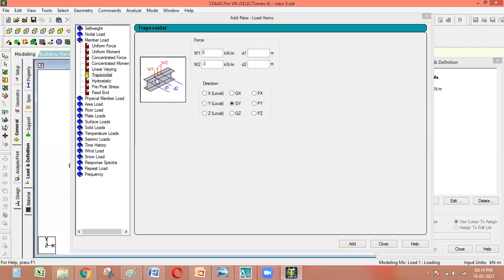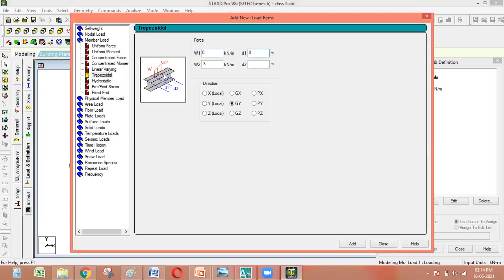We will take it here so that we can make D1 as 0. So at that point, W1 is also 0. And we want at the end, as we saw at 1 meter length, W2 maximum, which is 3 kilonewton per meter. So from here to the end where you have maximum is 1 meter. Therefore we will provide 1 meter.